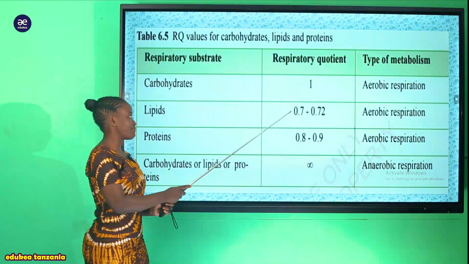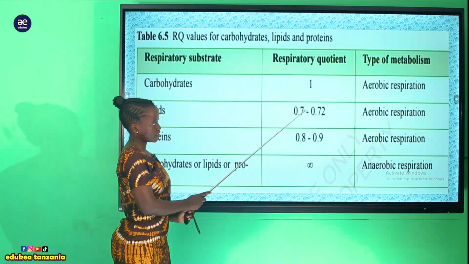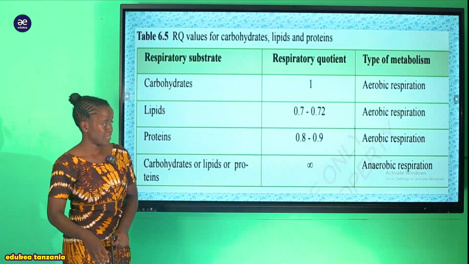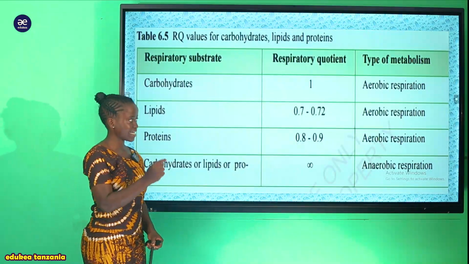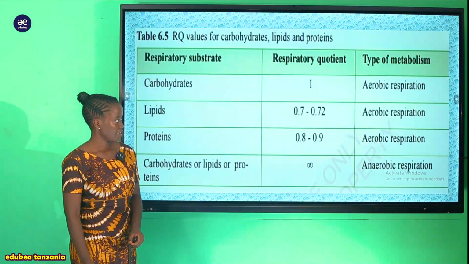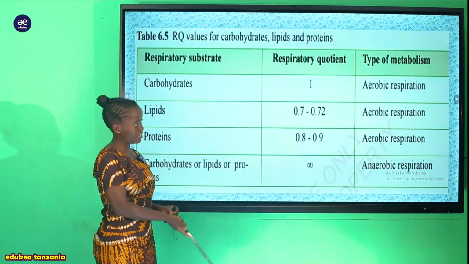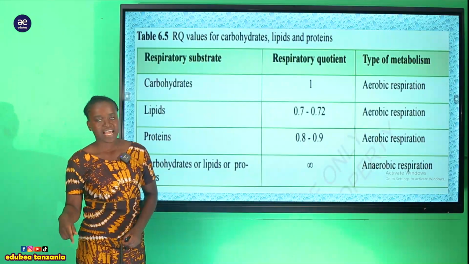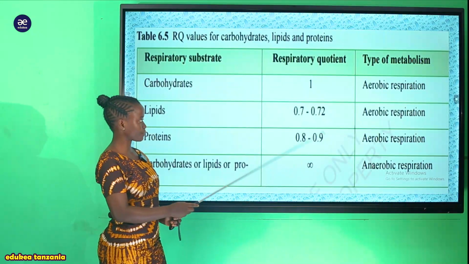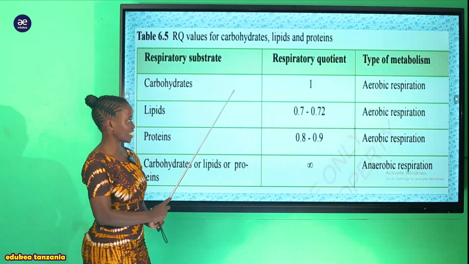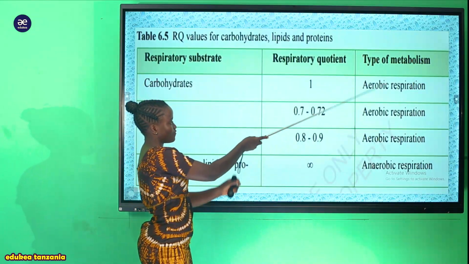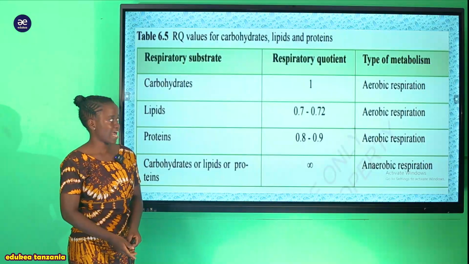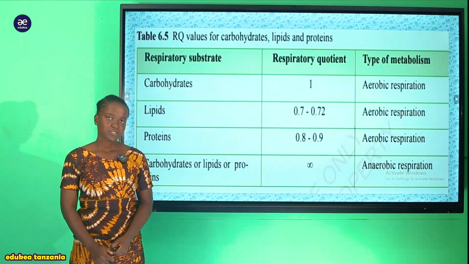So if you get a value within this range, maybe 0.71, or maybe 0.65 or 0.69, all of that we call the respiratory quotient of lipid. And the type of metabolism involved there is aerobic respiration.